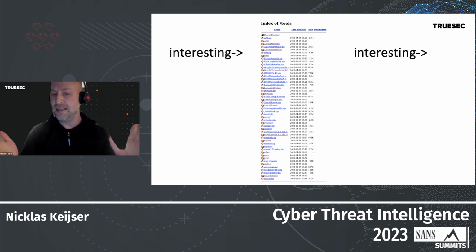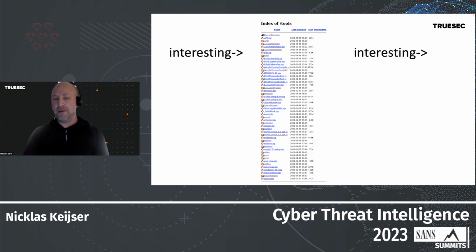Let's download everything. This was roughly 5 gigabytes of different stuff, ordered in a fairly structured way. I started looking through these tools to see if we could get any insights into the attack that was going on.